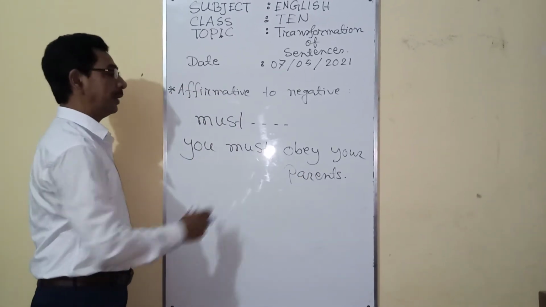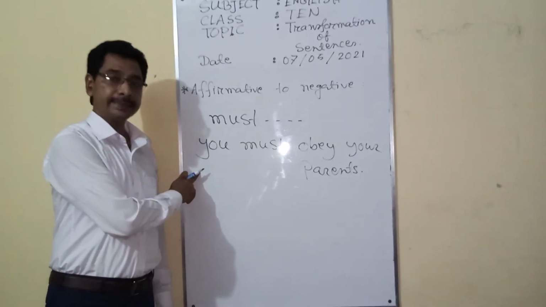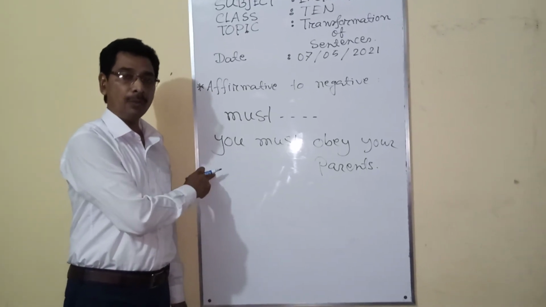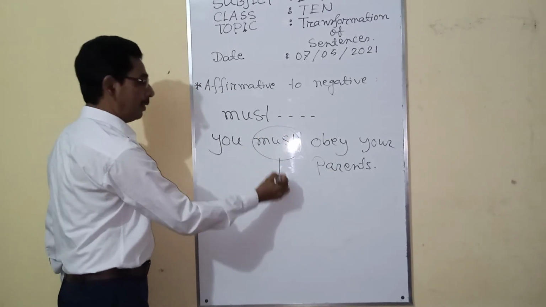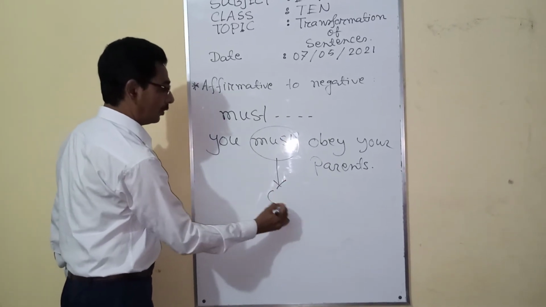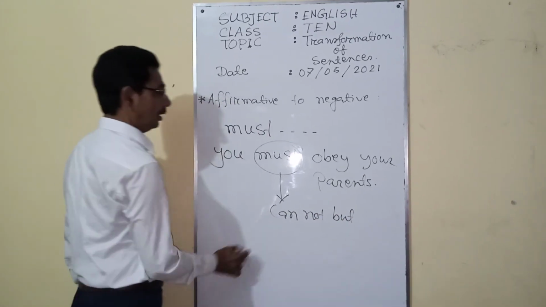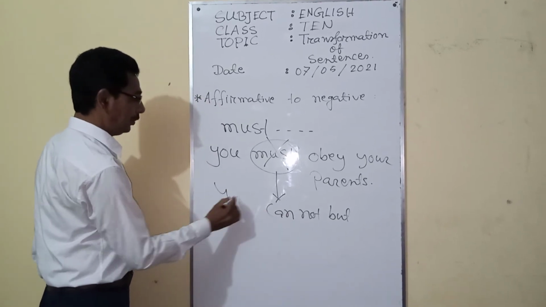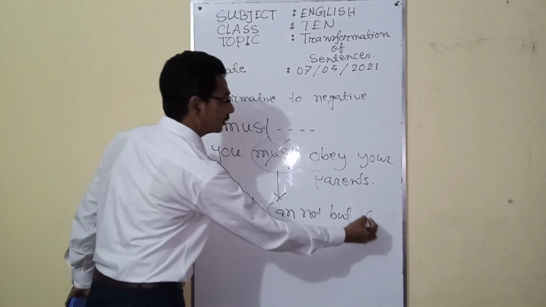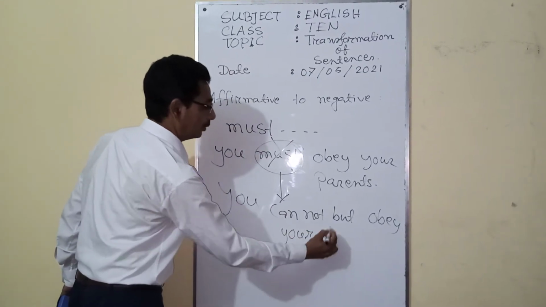If you want to change this sentence including must, you have to write down against must, cannot but. You have to withdraw must and write cannot but. Now, you cannot but obey your parents.